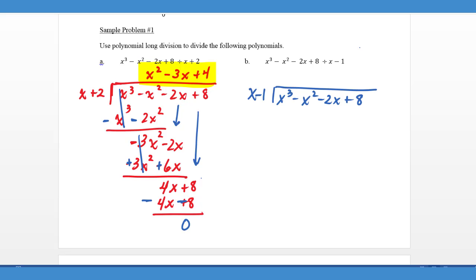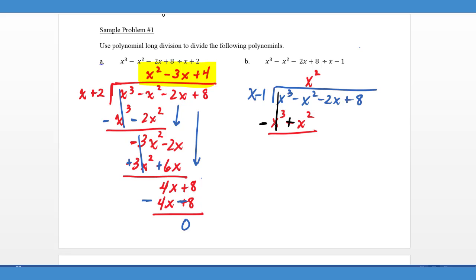Okay, so now what we're going to do is we're going to go through polynomial long division here. So I need an x squared term, so x times x squared is going to give me x to the 3rd minus x squared. I'm going to distribute a negative. So now x to the 3rd and x to the 3rd cancel out.